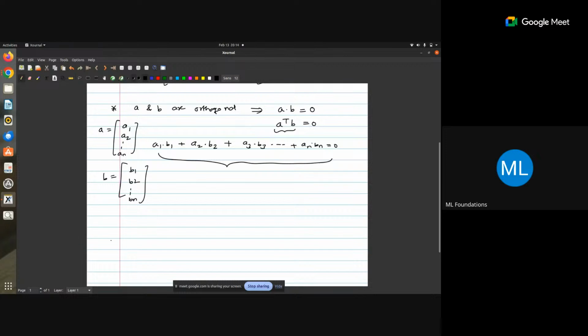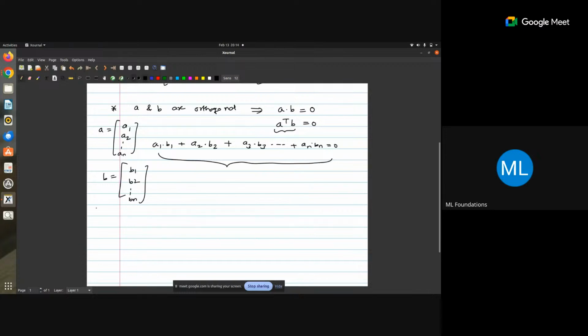But in the complex case it will not be the same. Let's say I take two different vectors, z and w, and the dot product between z and w is not equal to the simple sum.